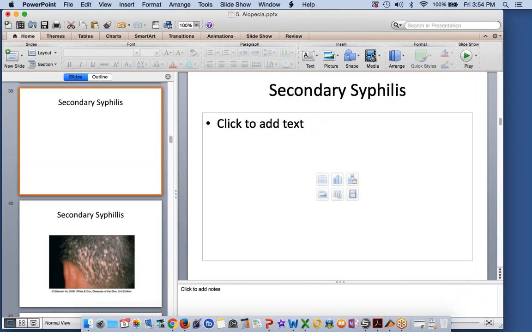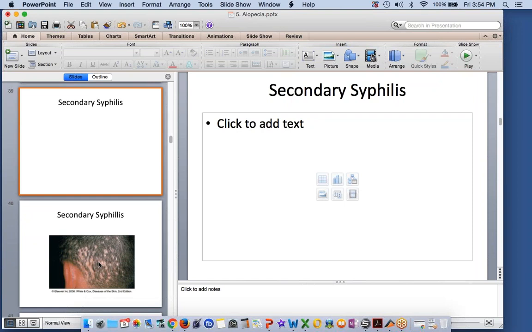Now, one of the things that we don't see a lot of, but you need to keep in mind, is secondary syphilis. Secondary syphilis has a moth-eaten appearance, such as this. But in addition, in secondary syphilis, you also see hair loss from other parts of the body and a moth-eaten-like appearance on the upper extremities, lower extremities, and elsewhere.